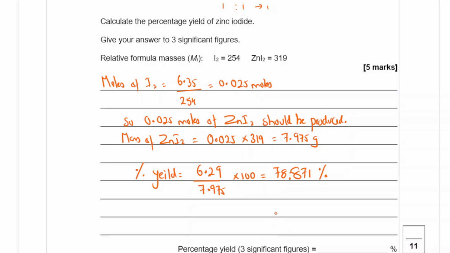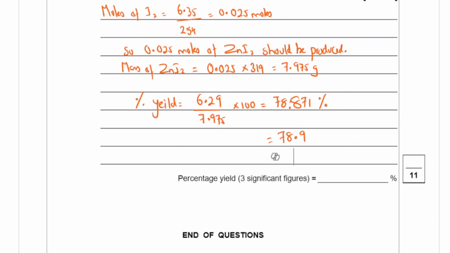They want the answer in three significant figures, so it will be 78.9. 78.9% is the correct answer.